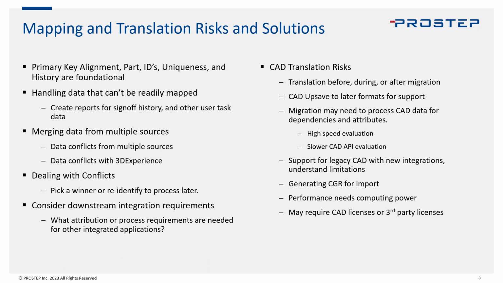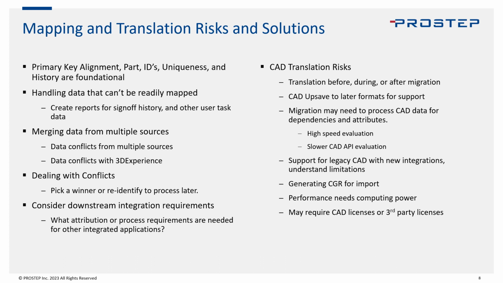Make sure you've got that process, like we discussed before, about handling data that's not easily mapped. So, if there is data you need to carry over, like change or sign-off history or things like that, we can create those reports from the data that's within the source database as part of the migration process, and then process that there, right? If you're merging data, make sure that you understand data conflicts between the different sources as well as the target.